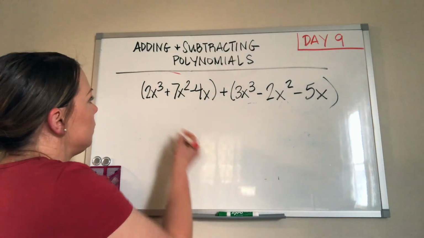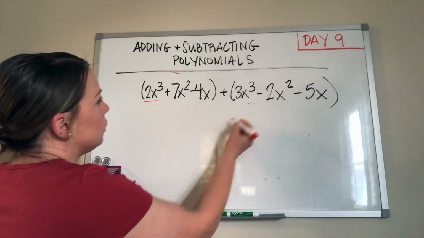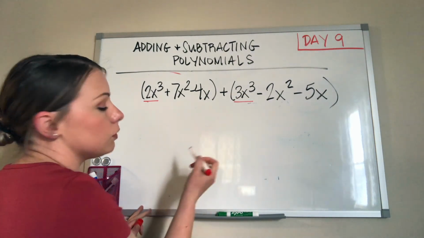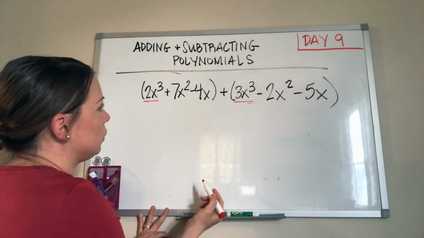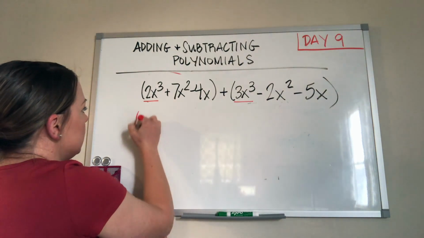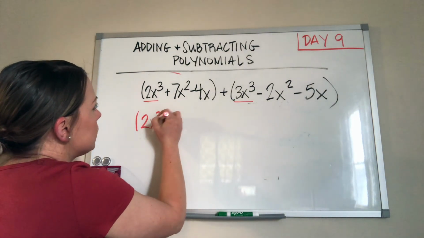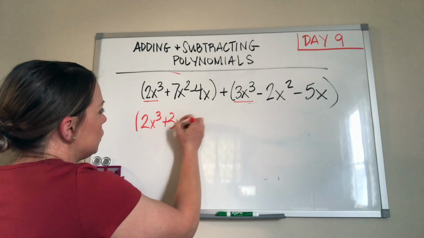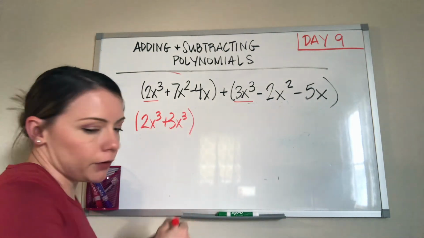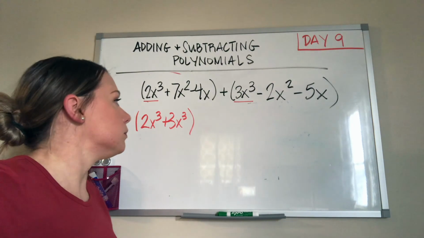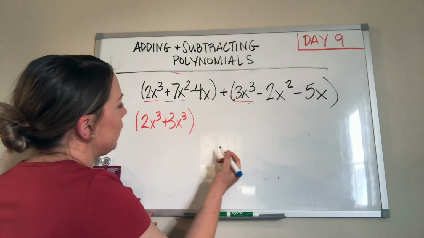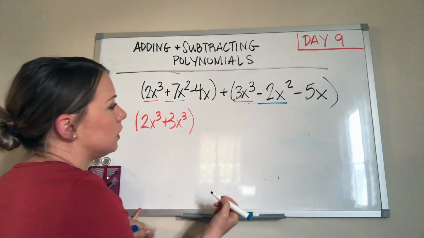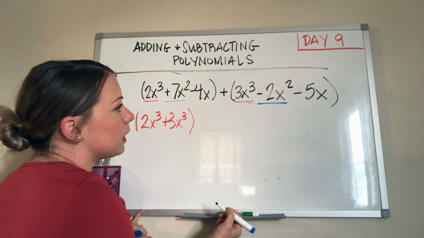All right, so I have 2x cubed and then I have 3x cubed. I know that they're like terms because they both have x cubed. So again, 2x cubed plus 3x cubed is my first set of like terms. Then I have plus 7x squared minus, negative 2x squared.